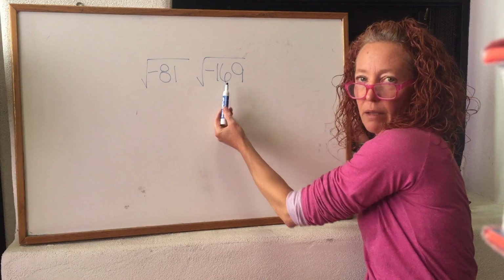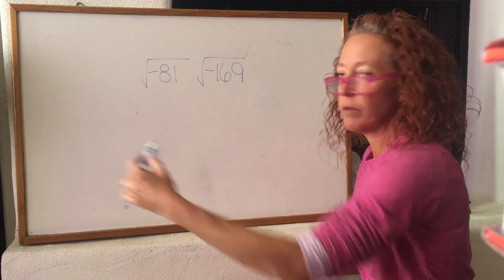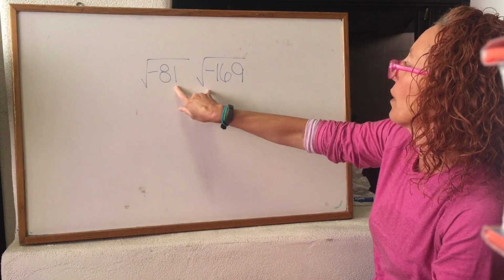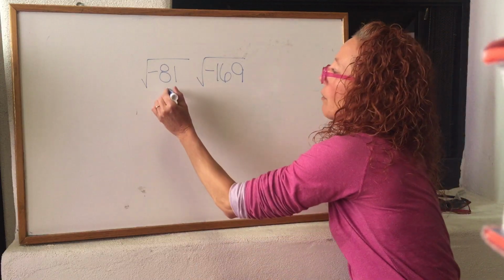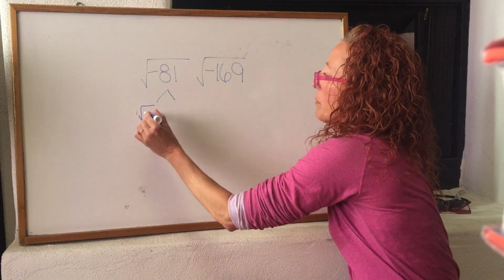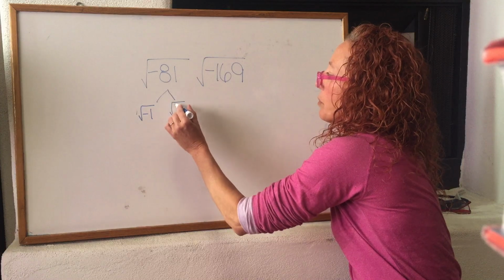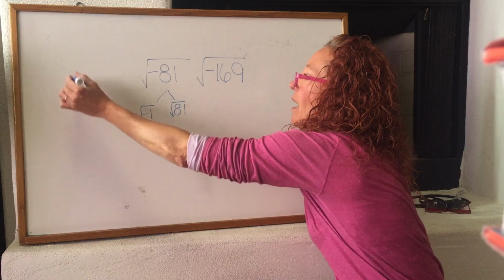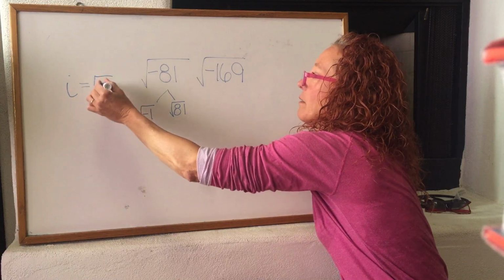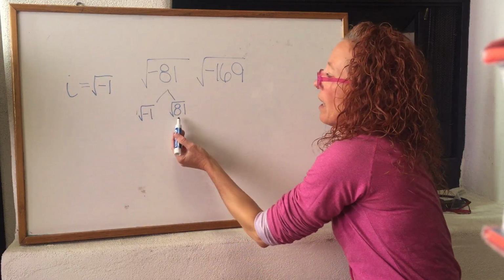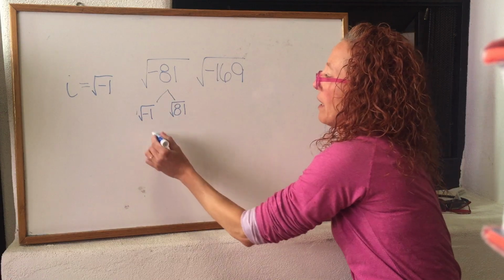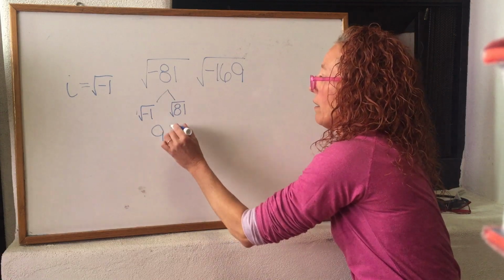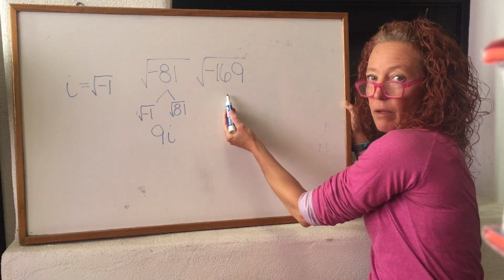We kind of call it in the math world pulling that i outside the radical before you multiply. So this is going to become the square root of -1 and the square root of 81. The square root of -1 is i. That is the definition of what i is. And the square root of 81 is 9. So this is 9i.